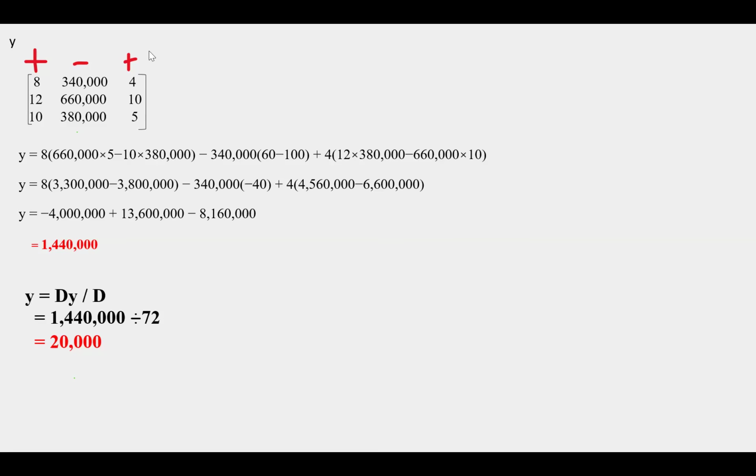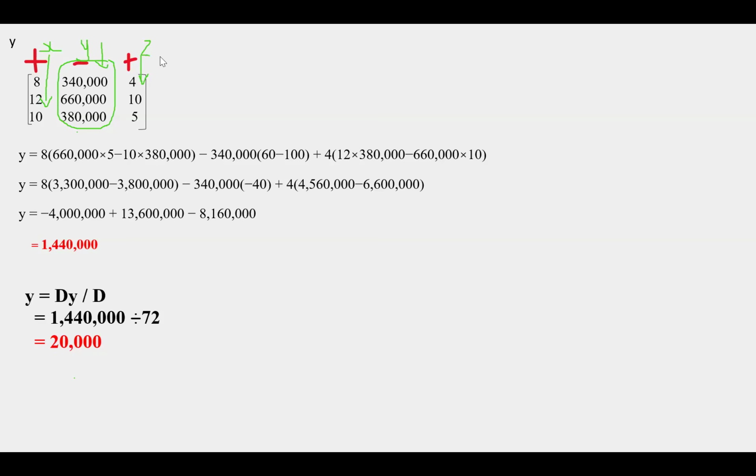Okay, just to proceed. So in this particular matrix, we're replacing the y values with the totals that we had, which were 340,660, and 380,000, in the place of the y values. Because, like I showed you in the earlier matrix, all values under this particular column are x values, all values under this column are y values, and all values under this column are z values.